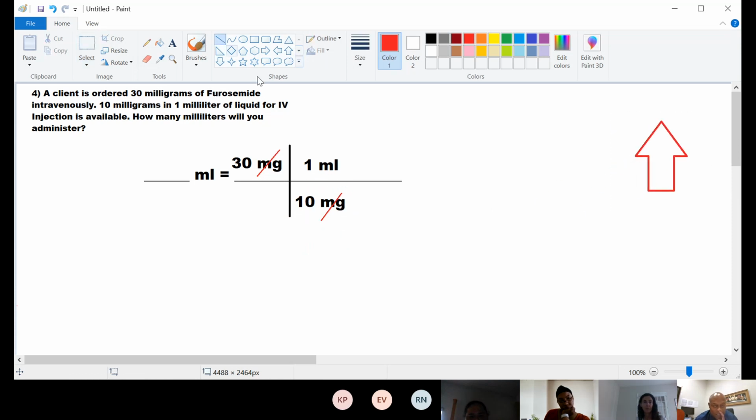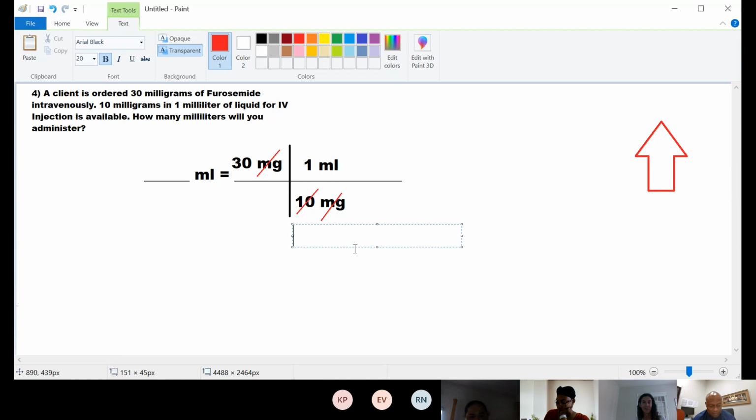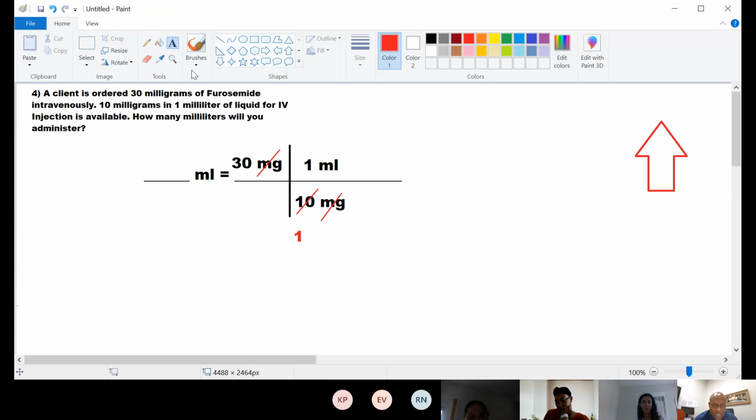Okay, now in terms of canceling, we can cancel out this 10. We know 10 goes into itself one time. Let's put a 1 there. And we know that 10 also goes into 30 3 times, right?